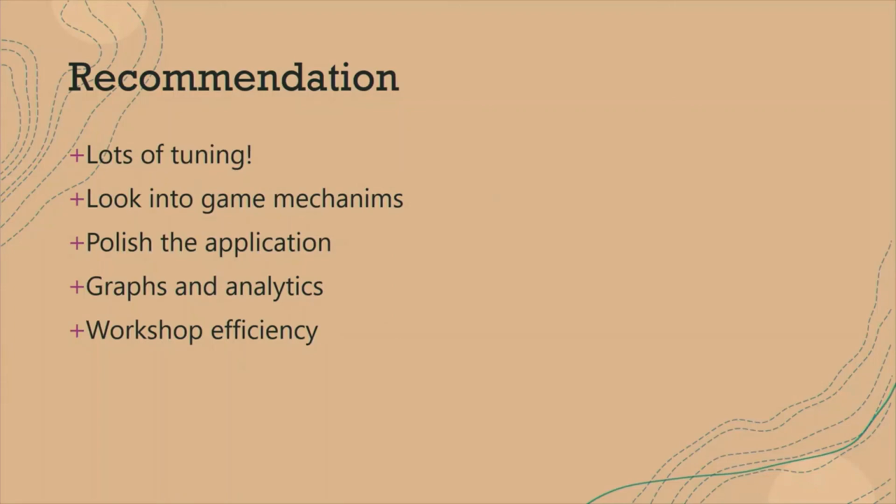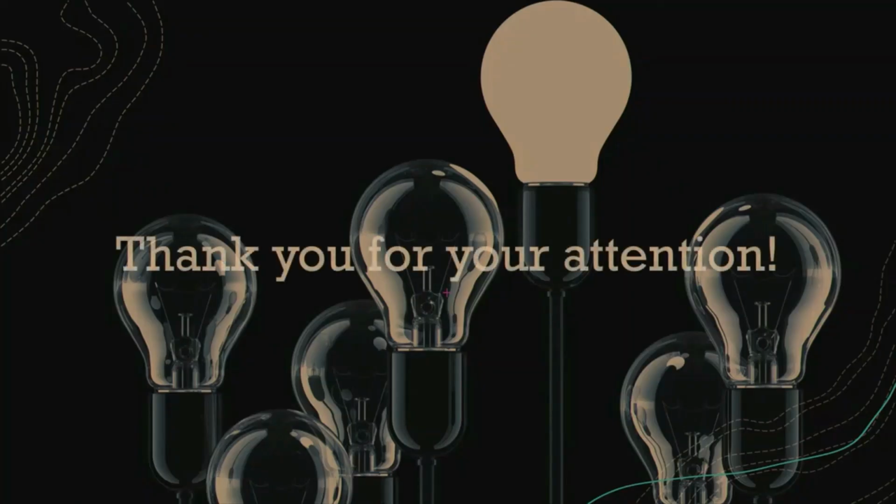The graphs and analytics should be on point, because we're targeting companies and company owners, so they should see and analyze the outcomes of the game. And of course, to make the workshops even more efficient, at least a 1-hour workshop. Thank you for your attention.